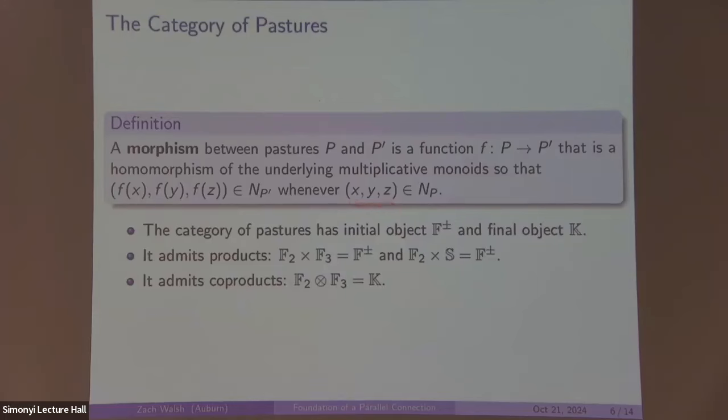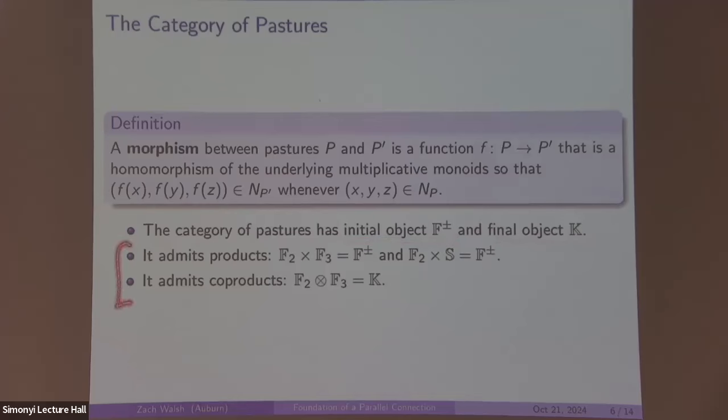So what are some nice properties of this category? It has initial object the regular partial field, which has a morphism to every other pasture. It has final object K, the Krasner hyperfield. Every pasture has a morphism to the Krasner hyperfield.